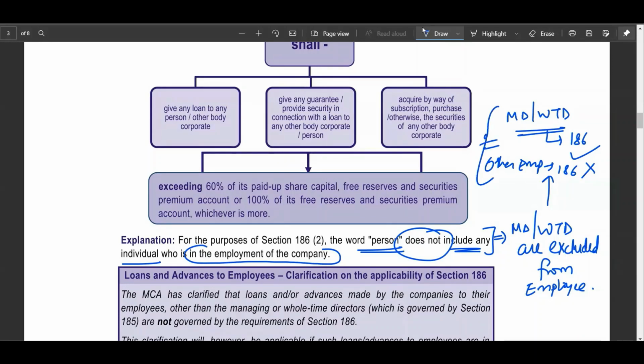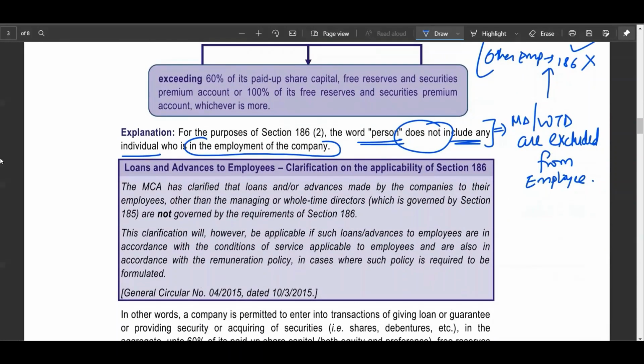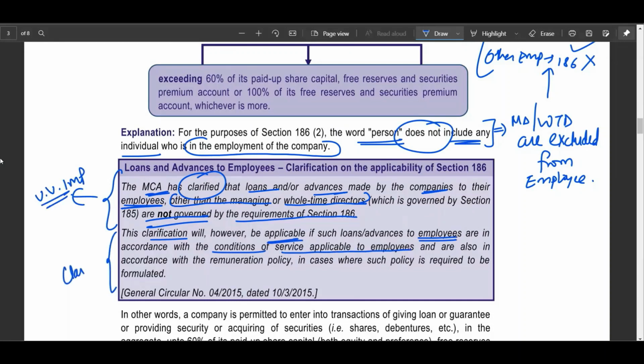Okay, so you can see it here as well. The MCA has clarified that the loans, advances made by the companies to their employees are not governed by the requirements of section 186, but other than managing director or whole-time director. All right, this is very, very important. This is just clarification.